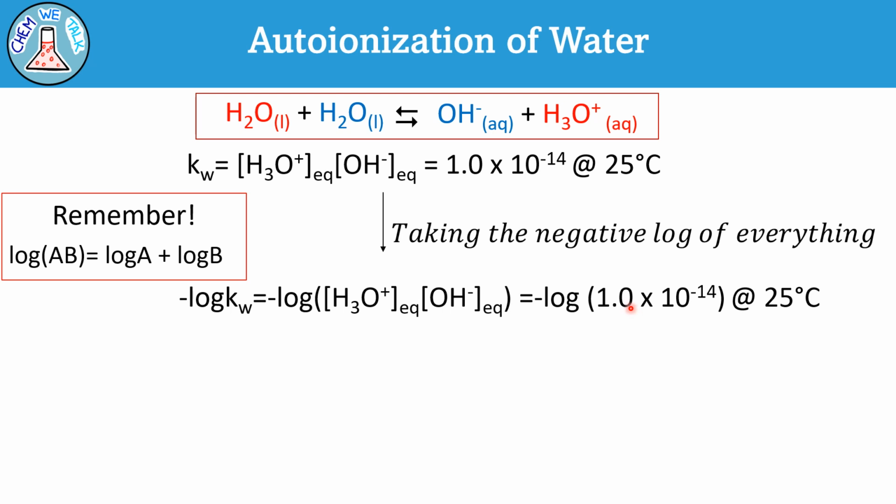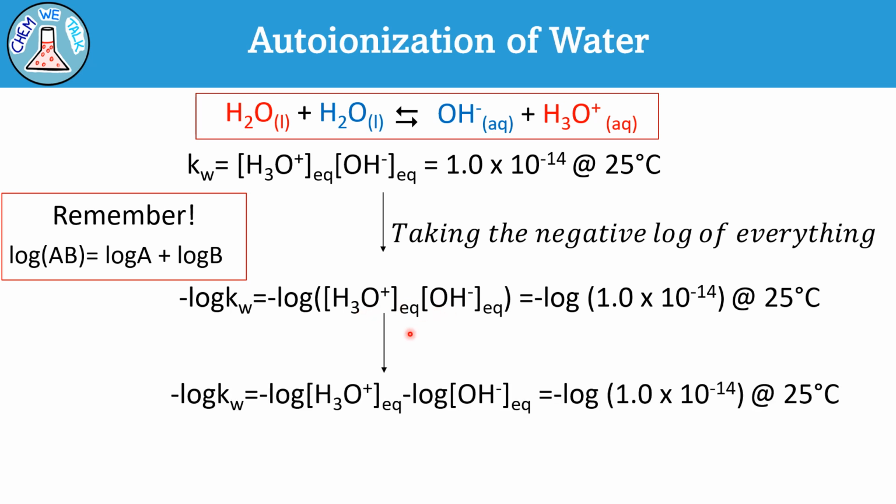Just remember one of the properties of logs: if we have the log of a product, we can break it apart into 2 logs by adding them together. So that's what we're going to do with this part here. We have the log of the product of H3O plus and OH minus, so we can separate those into the log of H3O plus and the log of OH minus, but because we have the negative sign, we end up with negative log of H3O plus minus log of OH minus.